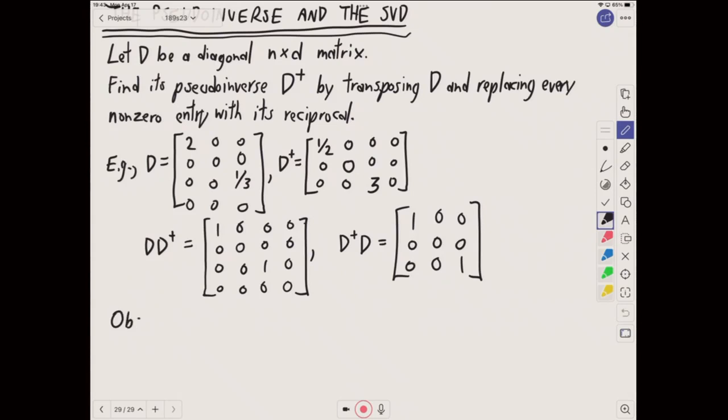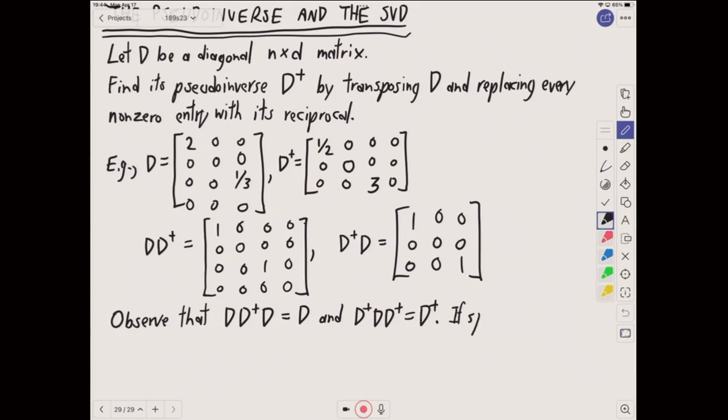All right, a few more observations that should be easy to prove to yourself after class that we're going to use later. If we multiply D by D plus by D, you always get D. If you do it the other way around, D plus times D times D plus, you always get D plus.